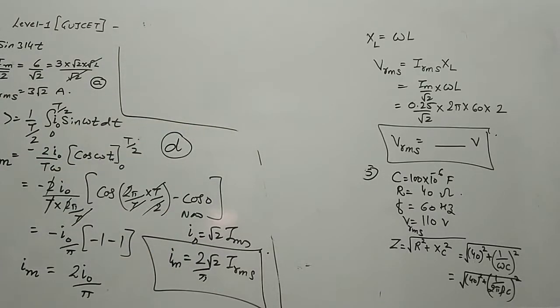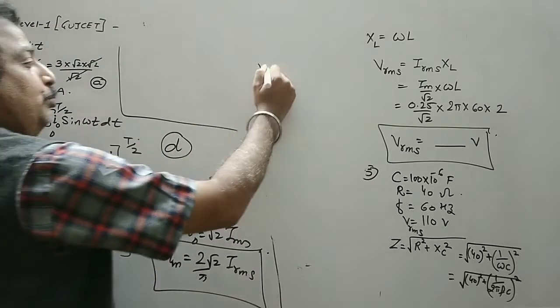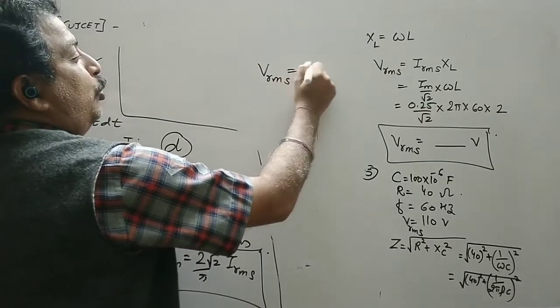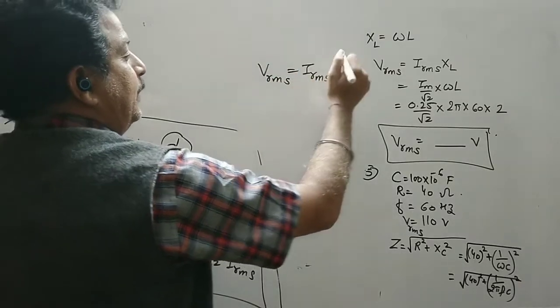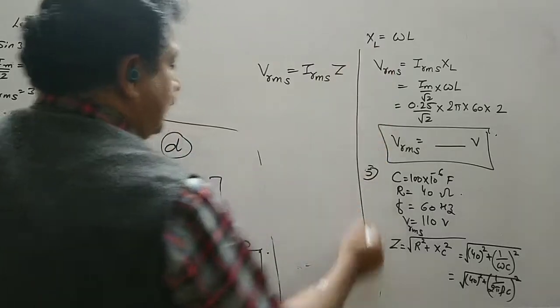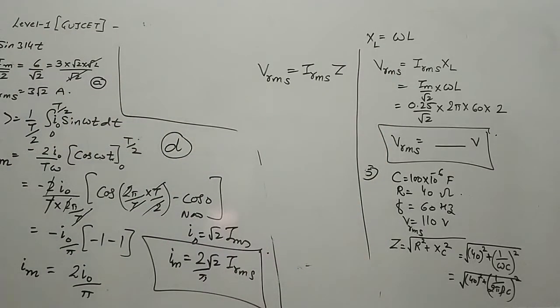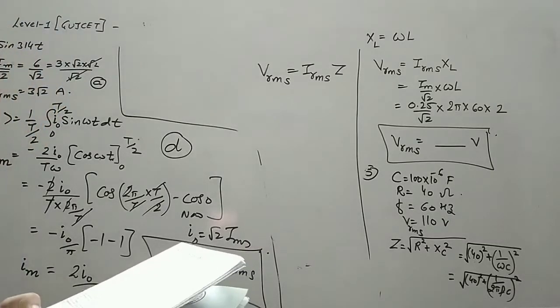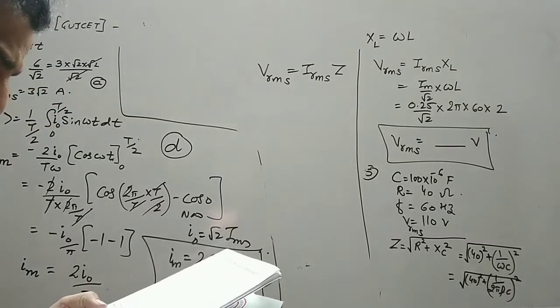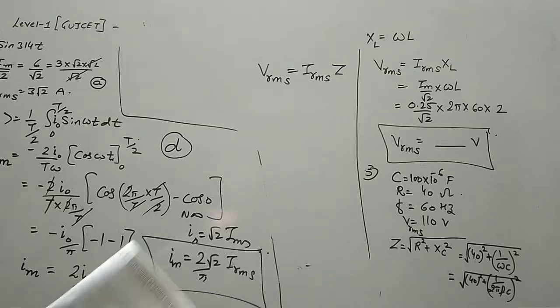So what will be the VRMS? Now according to Ohm's law, VRMS should be equal to IRMS into the impedance. VRMS is equal to IRMS into Z, that is impedance. But we have to find out the maximum current in the circuit.